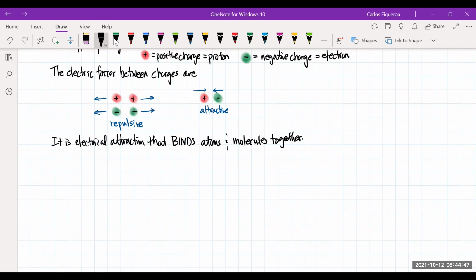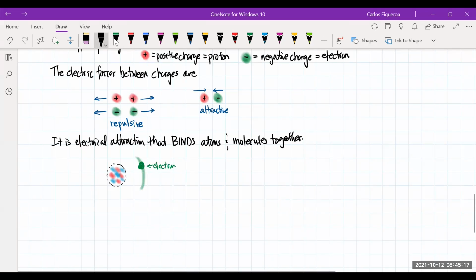So if I look at my nucleus here, let's say this is my nucleus, and of course I have a series of protons and neutrons. And then I look at the electron shell. Let's say that this is part of the electron shell. And when you look at this guy, this is going to be my electron right here.